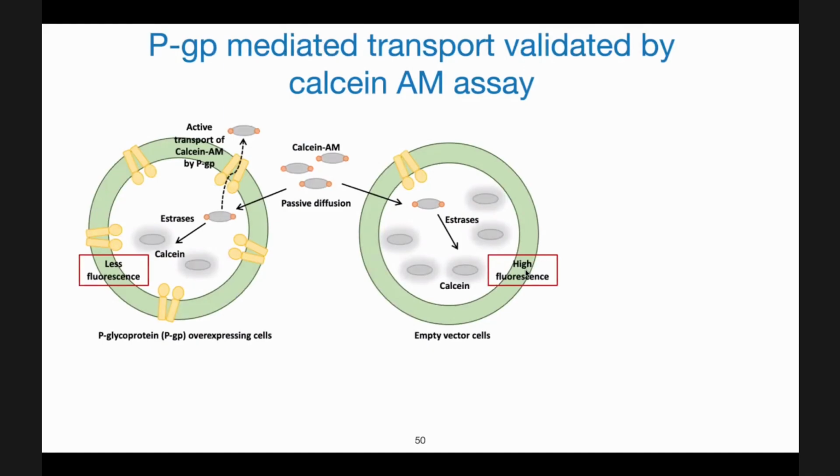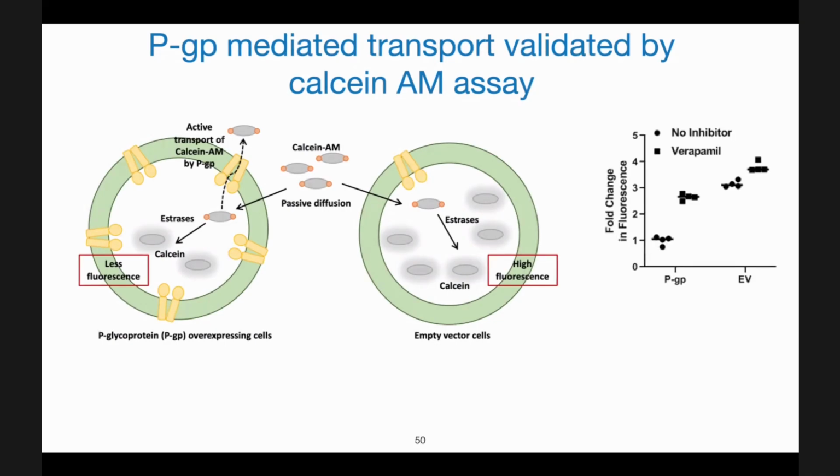So the difference of fluorescence in the two cell lines is measured as PGP mediated transport. And here we confirmed that. You can see the fluorescence: the empty vector fluorescence was threefold higher than the PGP fluorescence because of the high expression of PGP.